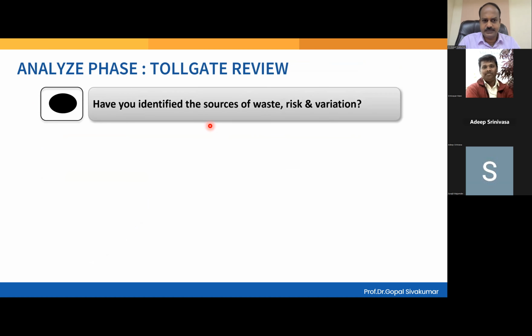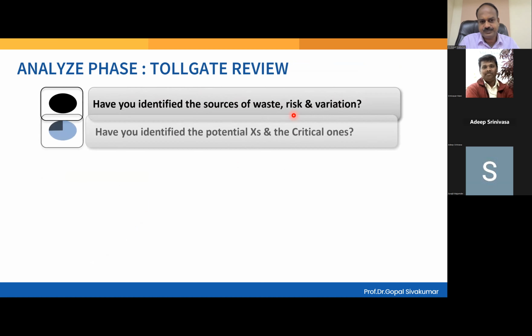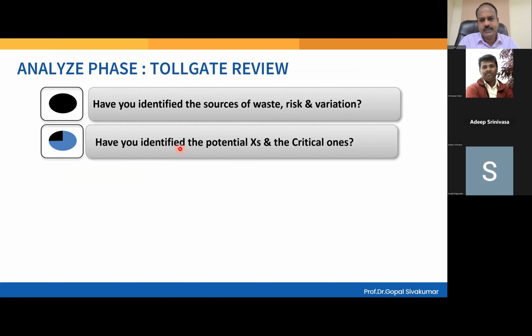So at the end of the analyze phase, in the toll gate review meeting, the important question will be, what is the source of variation? That is root cause. They're asking about root cause. What is the source of waste? What is the source of variation? What is the source of risk? Have you identified the potential X and the critical ones?